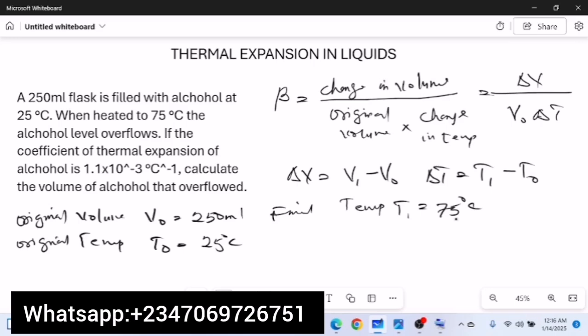Okay, they said the alcohol overflows, which means we have a final volume which is unknown. So the final volume, which is V1, is unknown.